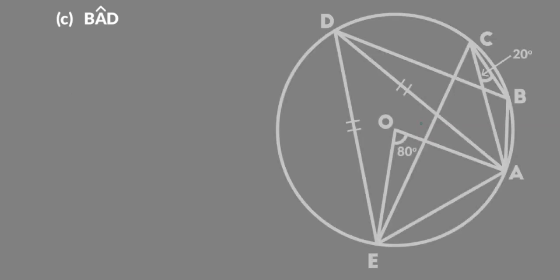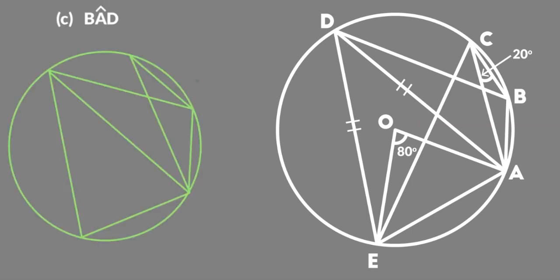Next, we're going to find the value of BAD. If you look in the diagram, BAD is the angle at A. Try to pause the video and find this angle. Let's focus on this part of the diagram. We've got the point here E, D, we've got C there, B, and A. Notice that we have been given the angle at point C. The angle ACB is 20 degrees.